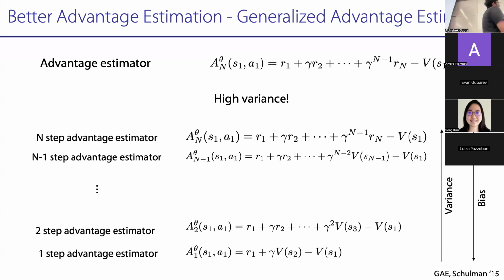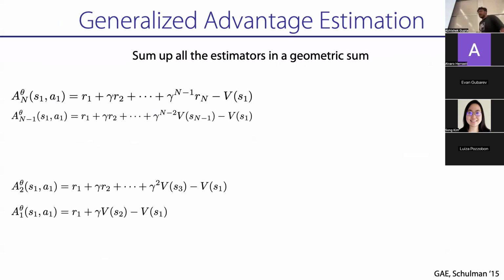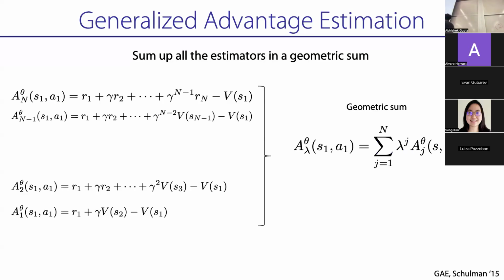And so the idea behind GAE is to take a bunch of these estimators and combine them as a geometric sum, right? So far we've been considering this extreme, where we only consider A sub n of theta. Instead, I'm going to consider a geometric sum with some parameter lambda, right?